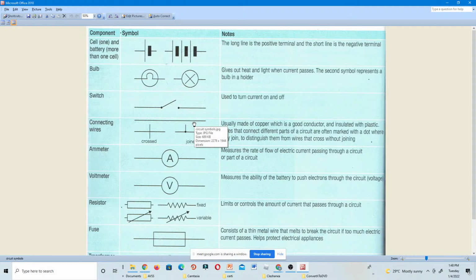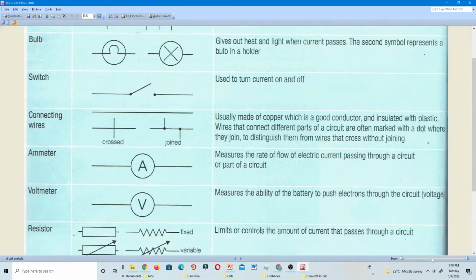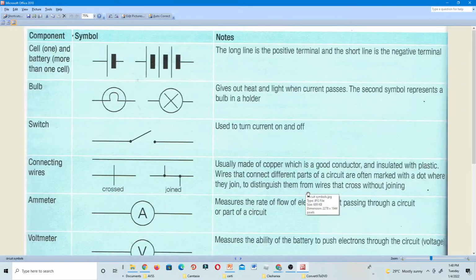Right, so these are the symbols, so definitely persons must know these symbols in terms of their names and what they represent. So for bulb, for example, there is a symbol for bulb. If you're drawing or constructing a circuit, you don't necessarily have to write out the word bulb, because there is basically a symbol for it, and the symbol comes with a meaning.